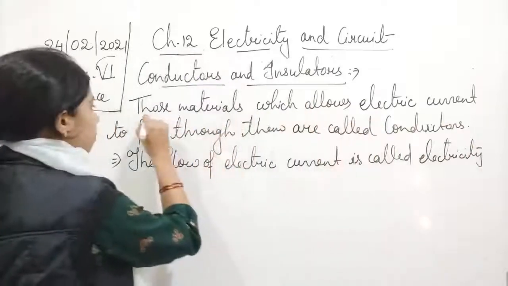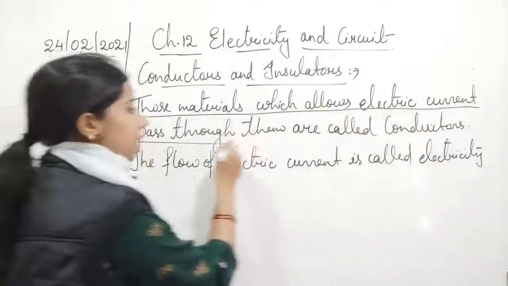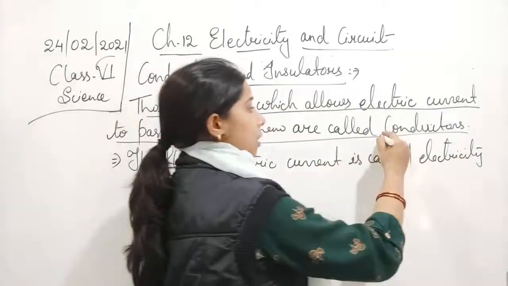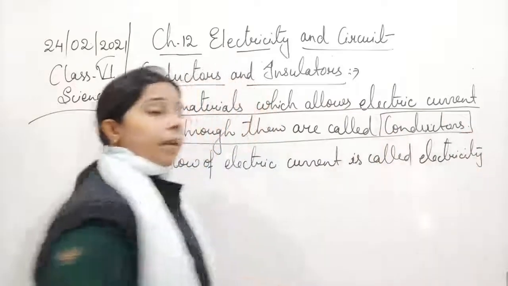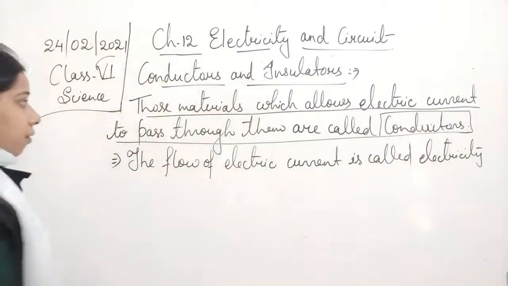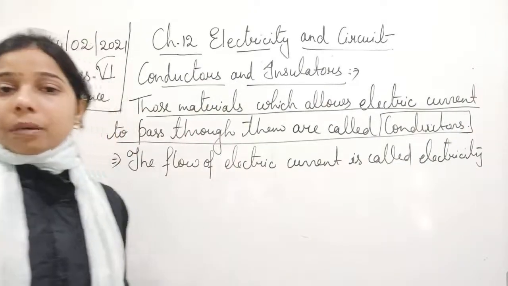This definition is important, students, that those materials which allow electric current to pass through them are called conductors, because many times the question is asked: what do you understand by a conductor, or what is the definition of a conductor itself. So we can write about that.